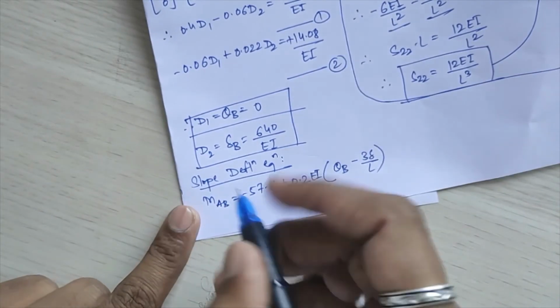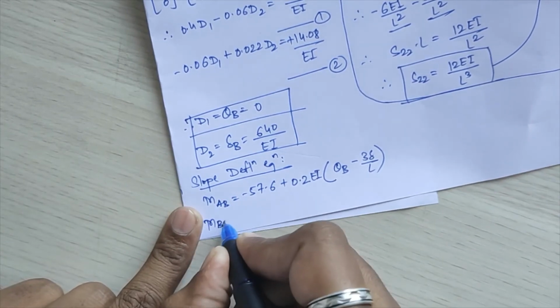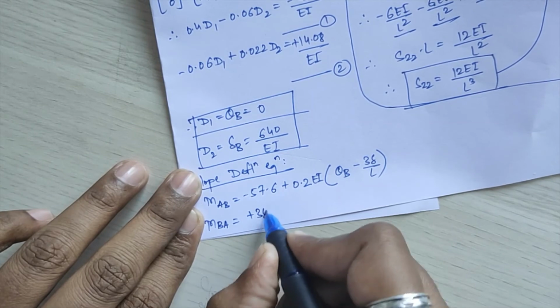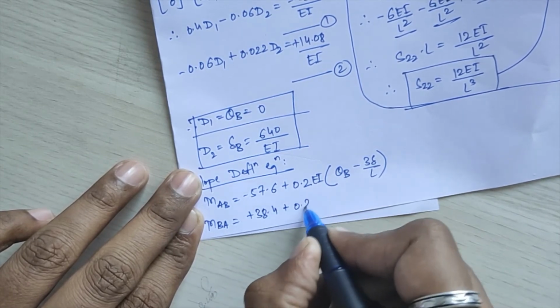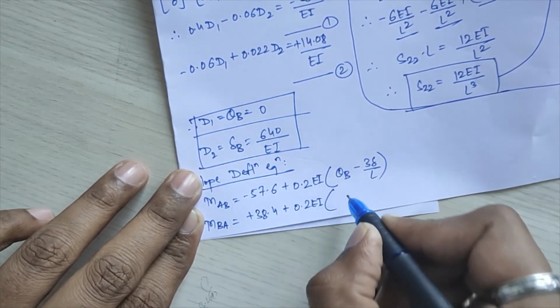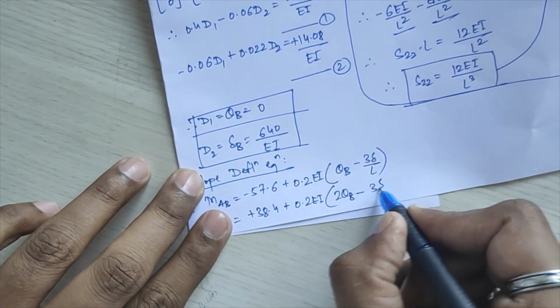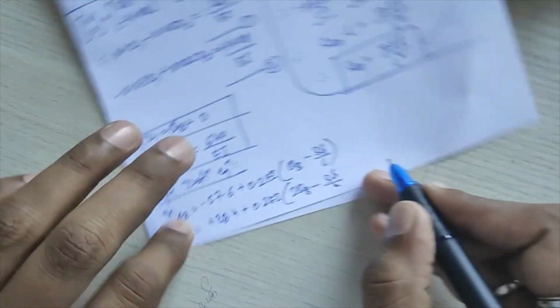Next, MBA you will calculate in the same way: MBA will be MFBA, that is 38.4, plus 0.2 EI into bracket 2 theta B minus again 3 delta upon L.